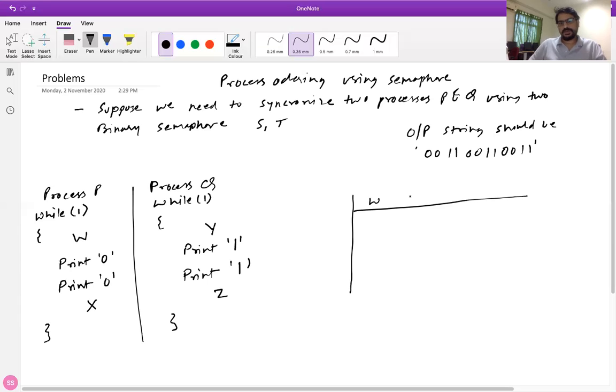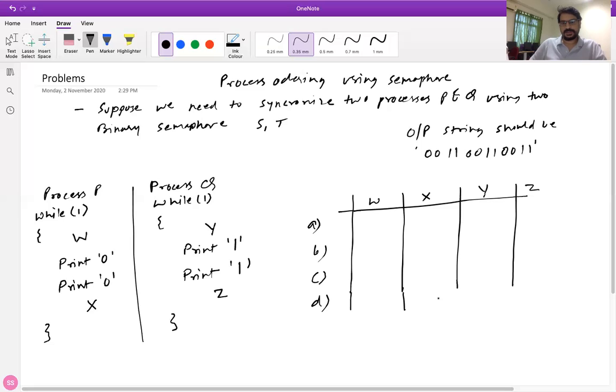So we have W, X, Y, and Z. And according to that, we have 4 options: Option A, B, C, and D. So this is your GATE question.